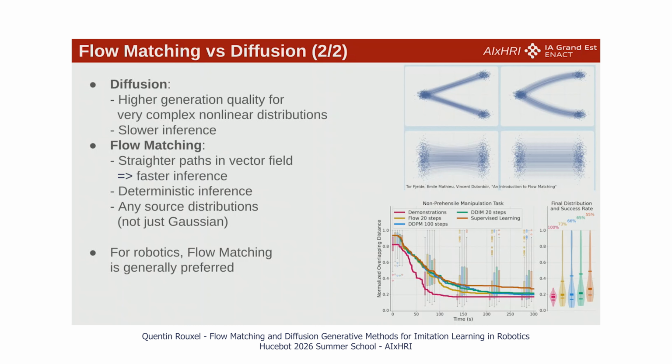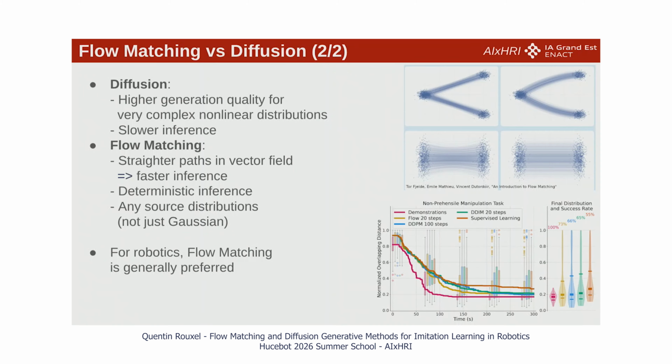The difference is that diffusion, because of this stochastic behavior, actually tends to work a bit better, with better sample quality for very complex, highly non-linear distributions, mostly because flow matching has some issues concerning topology that we can discuss later. But the downside of diffusion is slower inference.